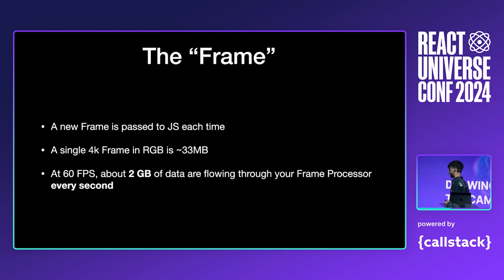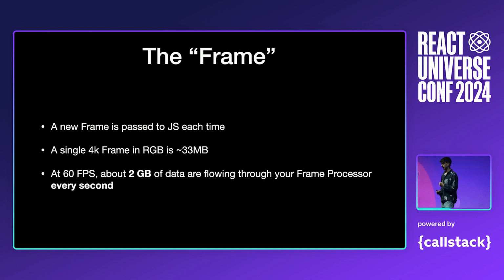So what's the frame? The frame is a native object. It is in C++ or in Java and Swift to be specific, but it is a native buffer which needs to be exposed to JavaScript somehow. On a 4K RGB frame, we have a 33 megabyte buffer.